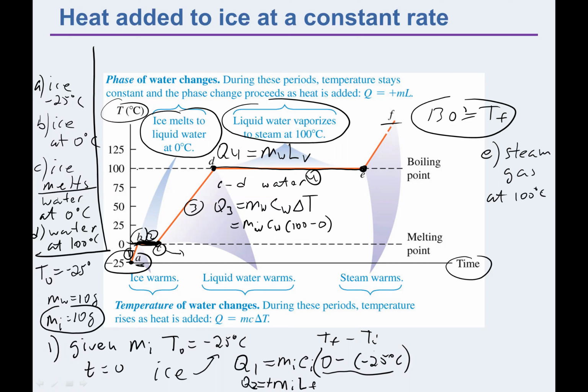That means at that instant of time, at point E, I have a temperature of 100 degrees Celsius, but all 10 grams are now in gas form. And this is the amount of energy required to achieve that.